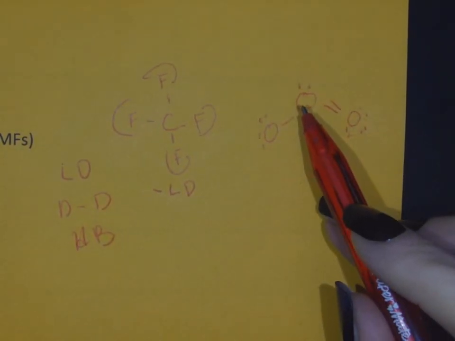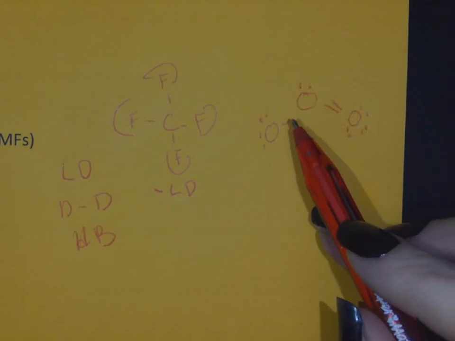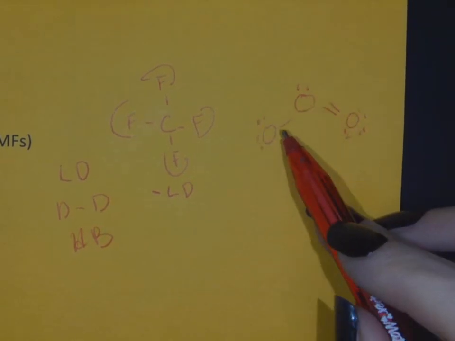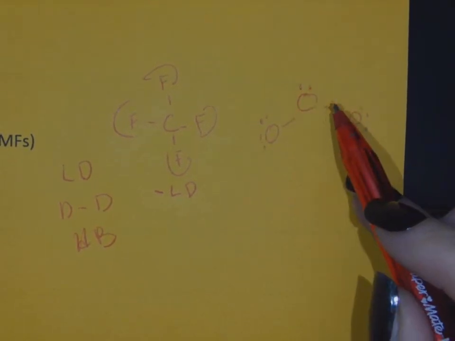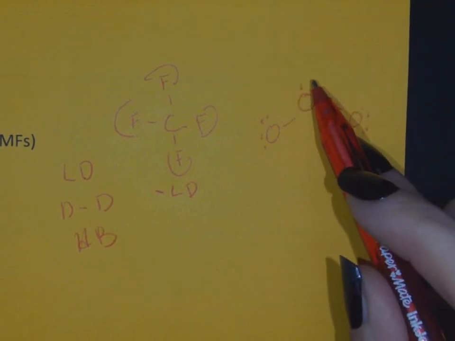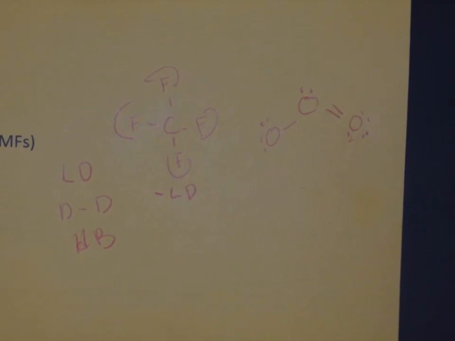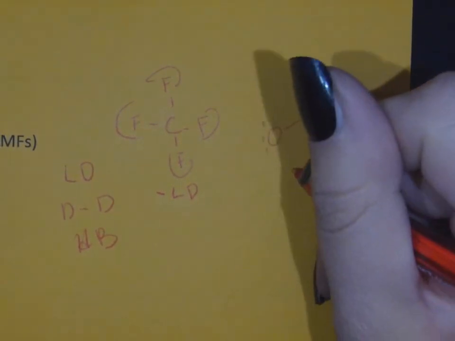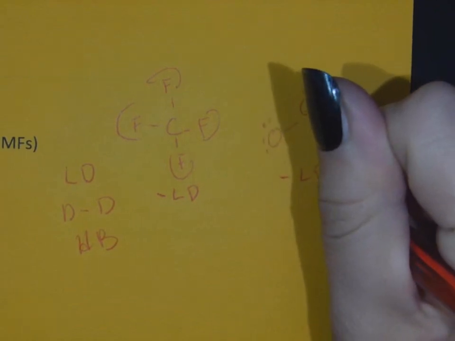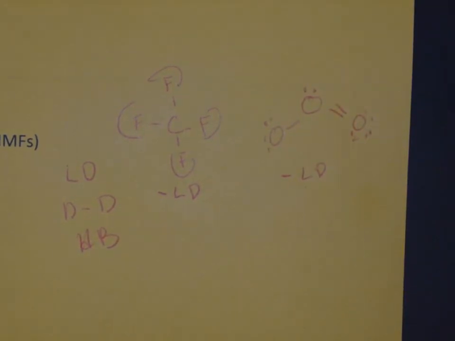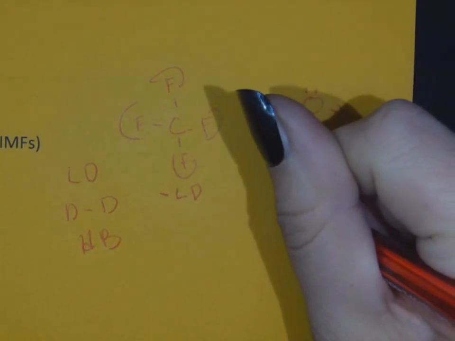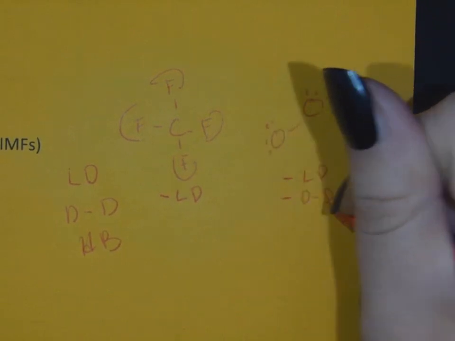So there are 3 domains around the center of this molecule. 2 of them are bonded oxygens, one's a lone pair. So not all the domains are the same. So because of that, we get asymmetry and it's a polar molecule. All molecules experience London dispersion, IMF attractions, and polar molecules like this one have dipole-dipole.